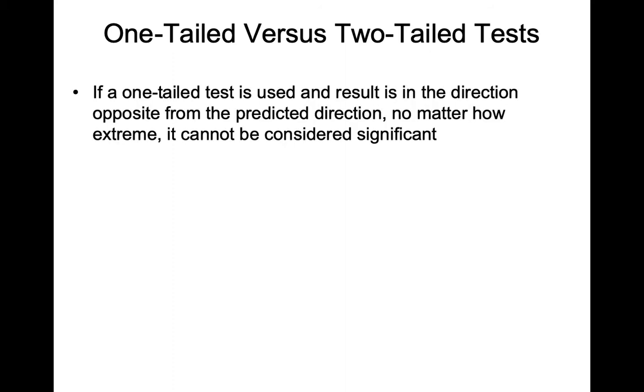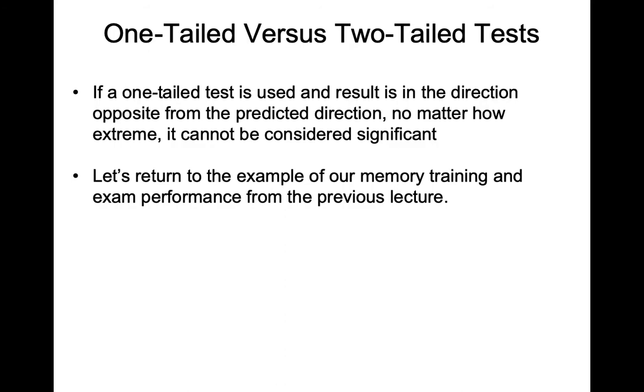All right, so another important aspect of doing one-tail tests. If a one-tail test is used and the result is in the direction that is actually opposite from the predicted direction, no matter how extreme that result is, it cannot be considered significant.